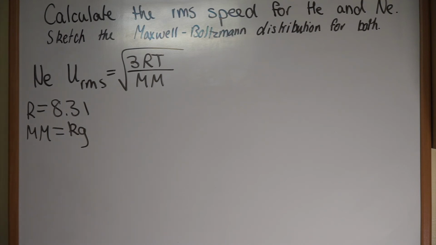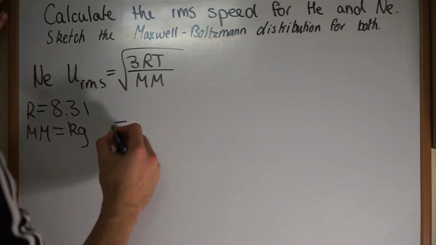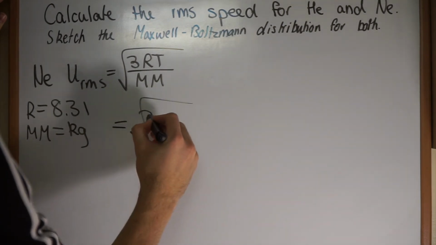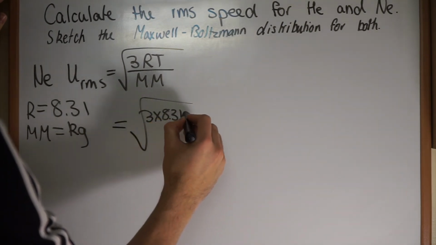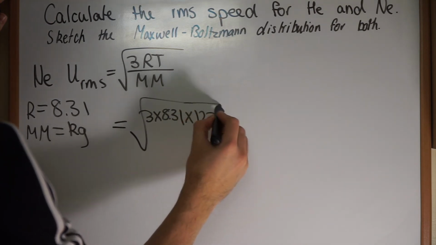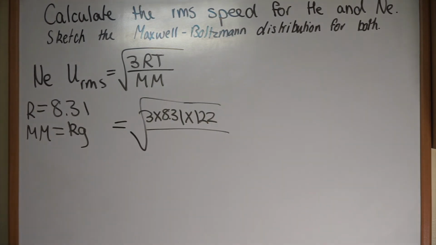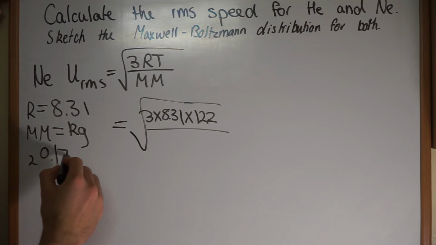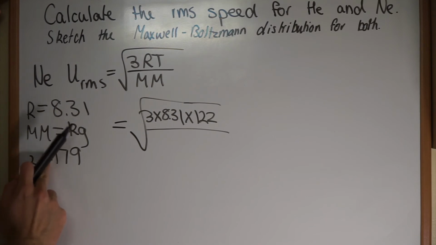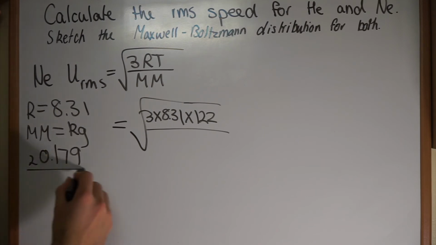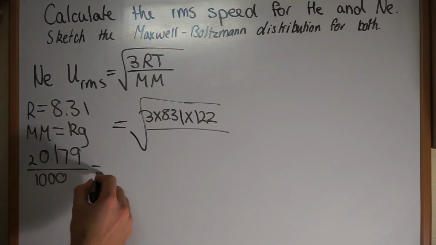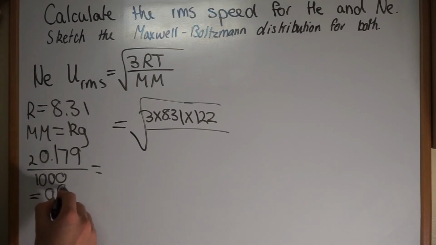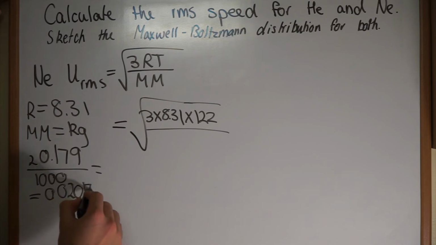So if we work this out for neon and we substitute everything in, we should get the square root of 3 times 8.31 times 122, which is the temperature of the system previously mentioned. Now the molar mass is going to be 20.179, divided by 1,000 to make it kilos, and this should be 0.020179.